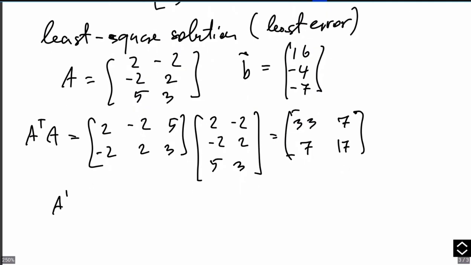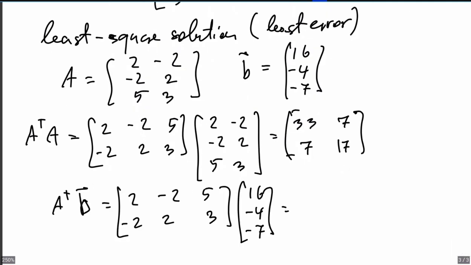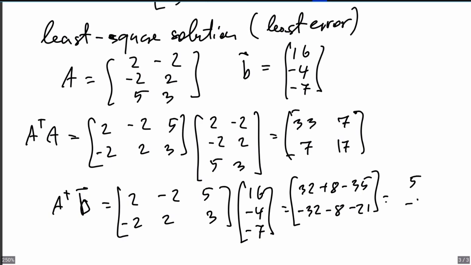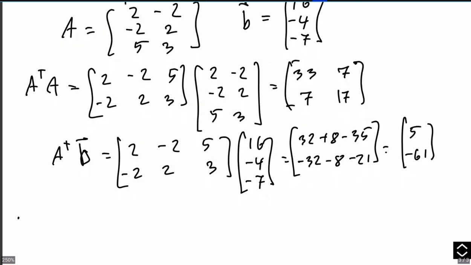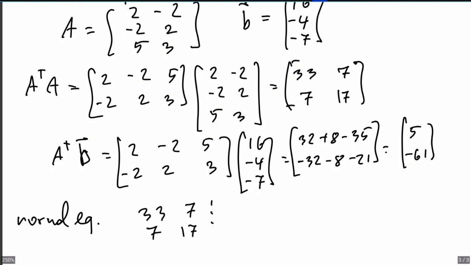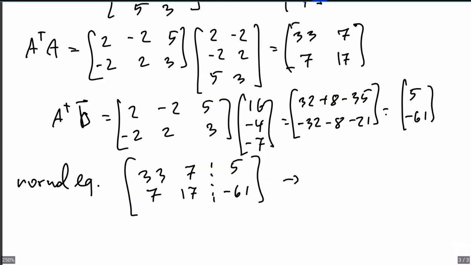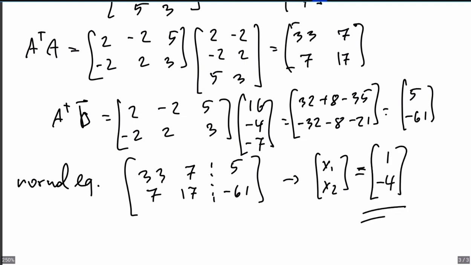We also need A transpose b, which is 32 plus 8 minus 35, and minus 32 minus 8 minus 21, which is 5 and minus 61. So then the normal equations: 33, 7, 7, 17, augmented by the right hand side 5 and minus 61. If you solve this, it turns out that the solution is x1, x2 equals 1, minus 4, the least squares solution.